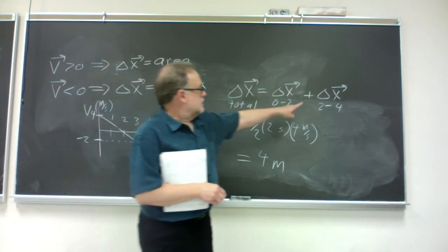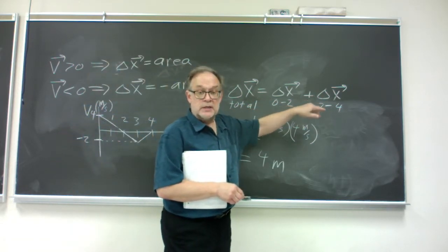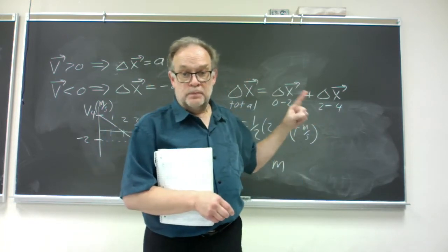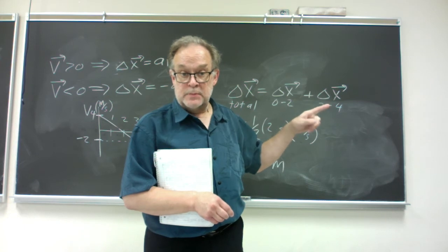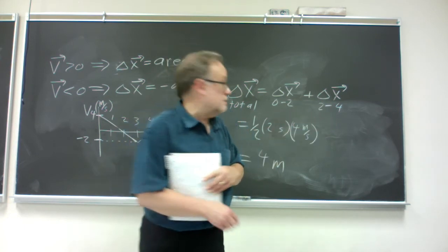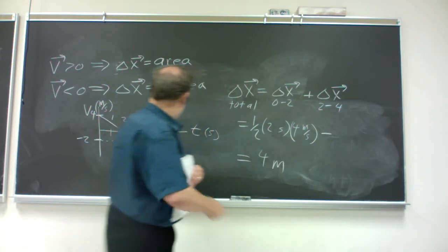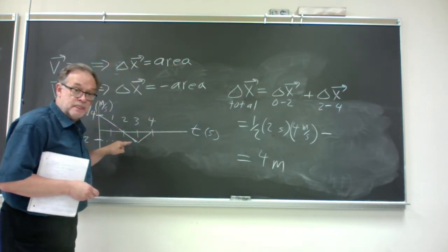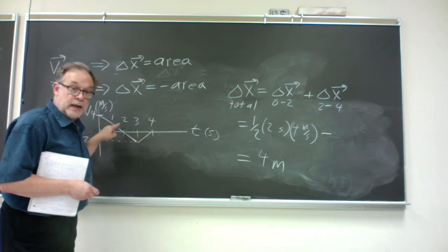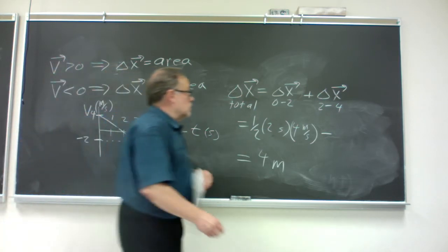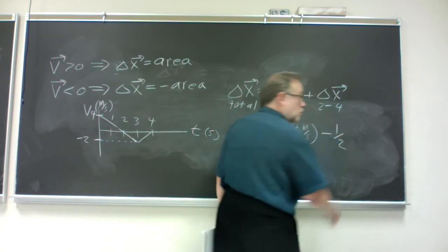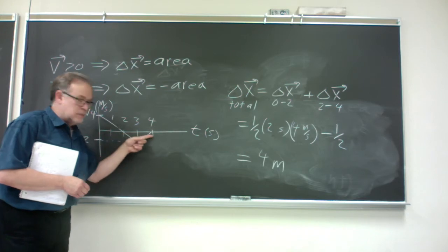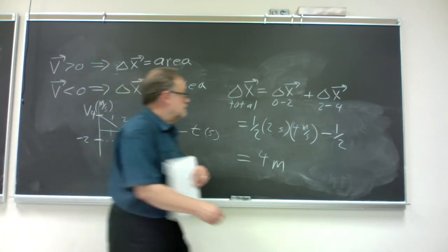Now, the displacement between 2 and 4 seconds is a displacement that happened when the velocity was negative. So when we calculate the value of that displacement, it's going to be minus 1 times the area between the velocity line and the time axis. So again, it's a triangular area. So 1/2 base times height. The base, again, 2 seconds.